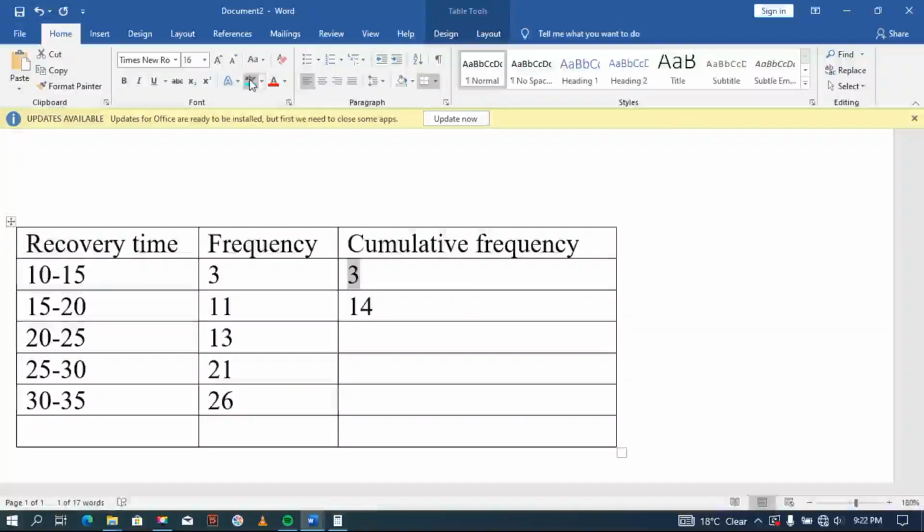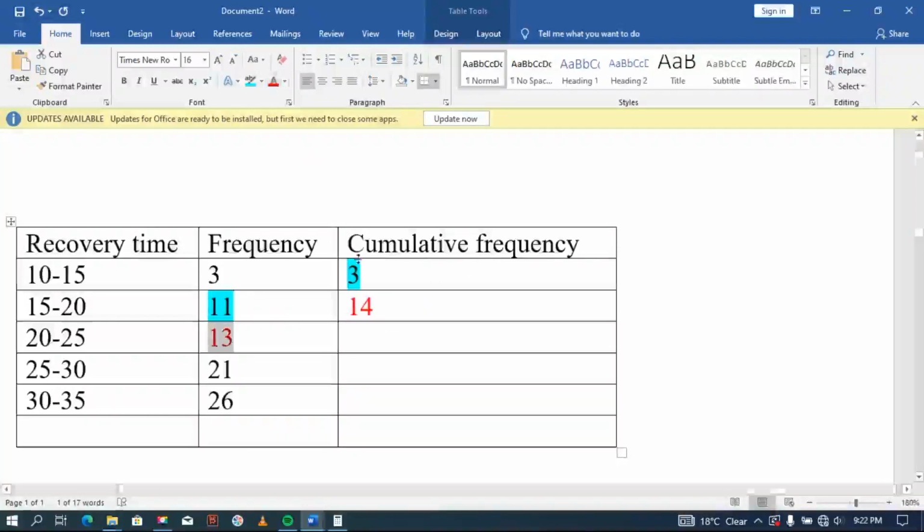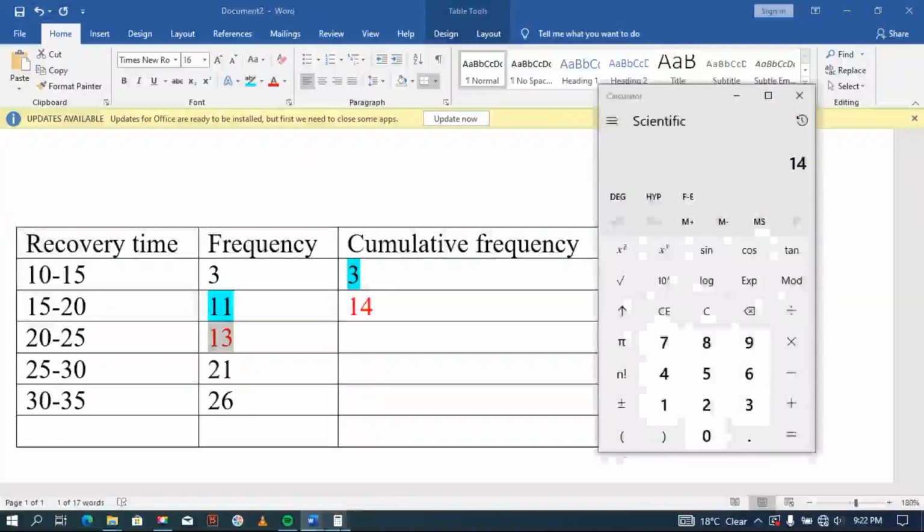So to get the cumulative frequency of 20 to 25, we take the previous cumulative frequency plus the next frequency of 13. So we have 14 plus 13, giving us 27.